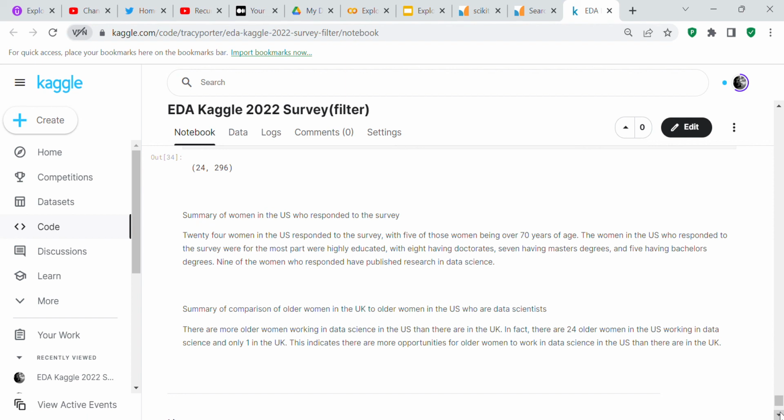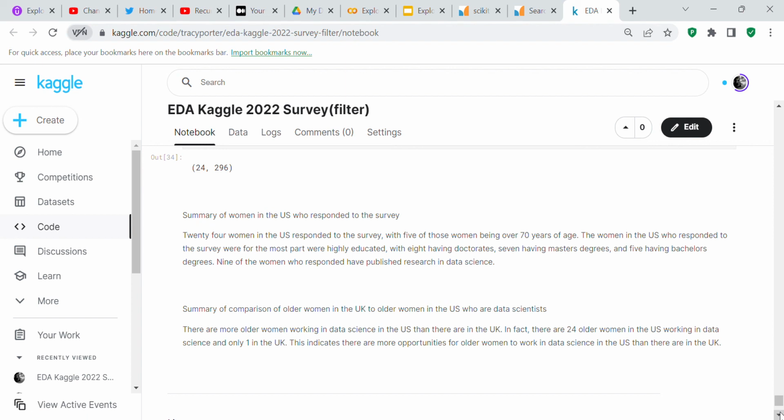And here's a summary of the comparison of older women in the UK to older women in the US who are data scientists. There are more older women working in data science in the US than in the UK. In fact, there are 24 older women in the US working in data science and only 1 in the UK.